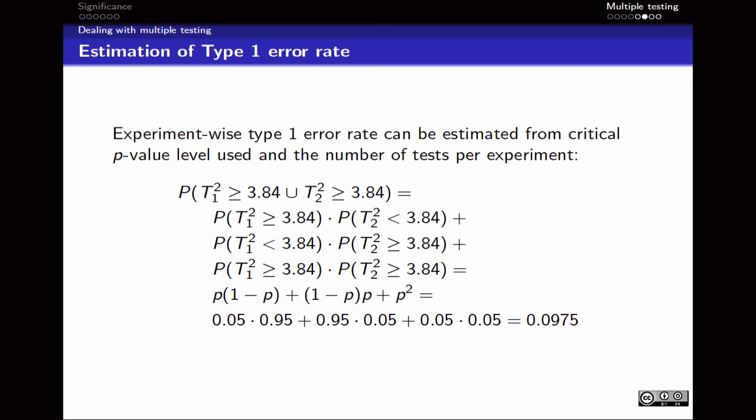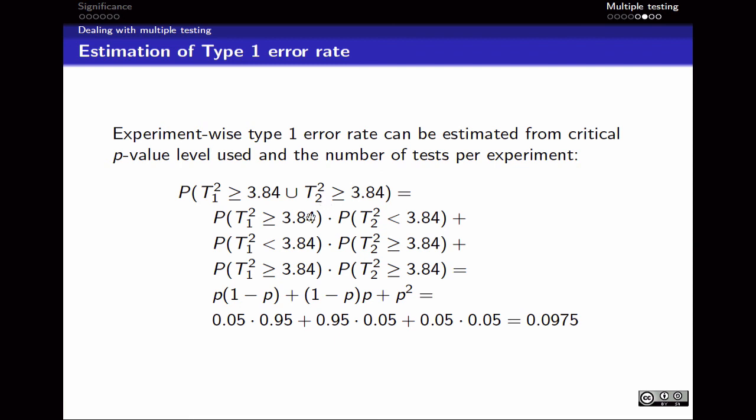But the probability that the event happens, the probability that the test is more than 3.84, is exactly our p-value. And the probability that the event does not happen, so the test is less than 3.84, is 1 minus our p-value, right? While the p-value is the proportion of the distribution on the right after the critical point, the probability that the test statistic is less is 1 minus that proportion, the part of the distribution before this critical value.